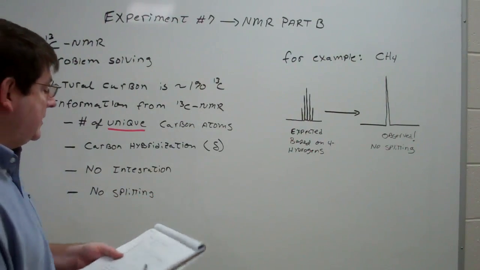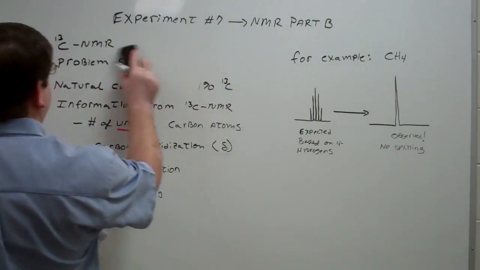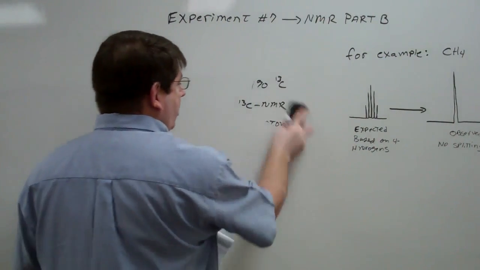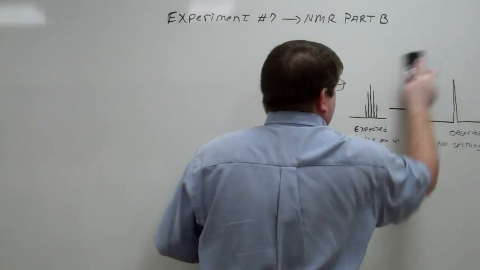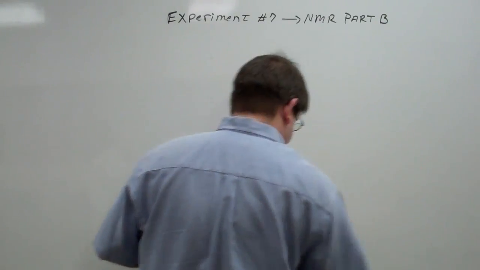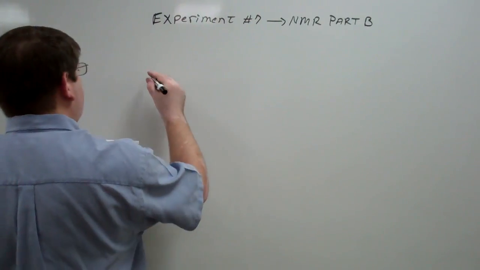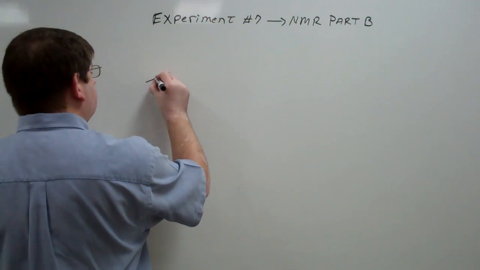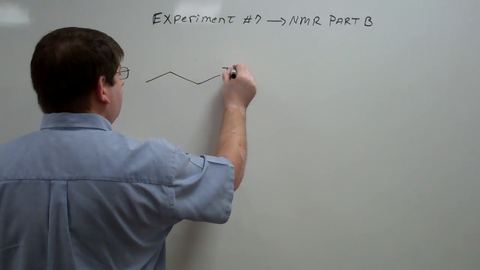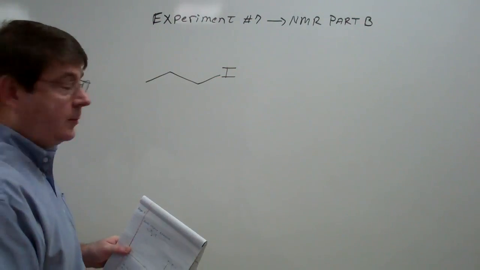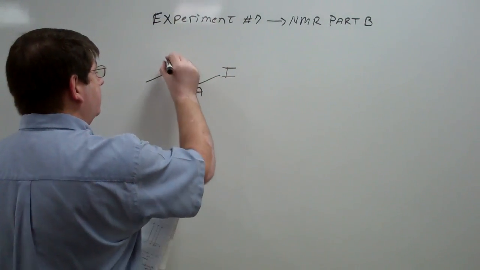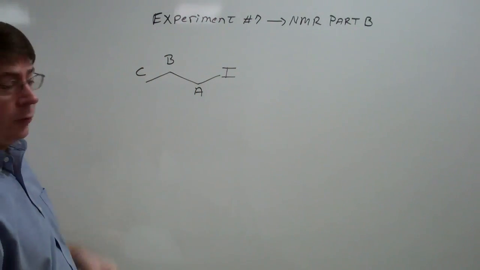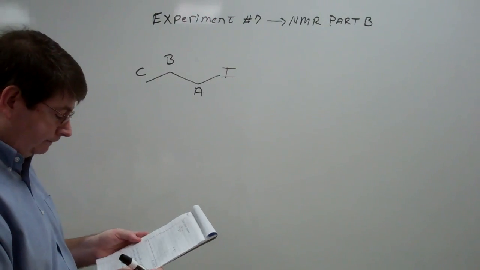So let's look at an example. We're going to return to our iodo-propane example, and I'm going to label the carbons A, B, and C. As you can see, there are, of course, 3 carbons contained in iodo-propane.